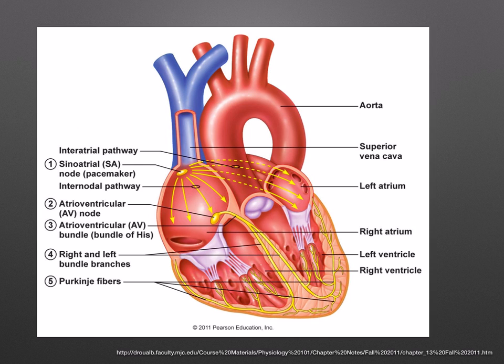So here's a lovely diagram to show you the wave of excitation as it passes from the sinoatrial node to the atrioventricular node, down the Purkyne fibers in the interventricular septum to the apex of the heart. This will cause the ventricles to contract.